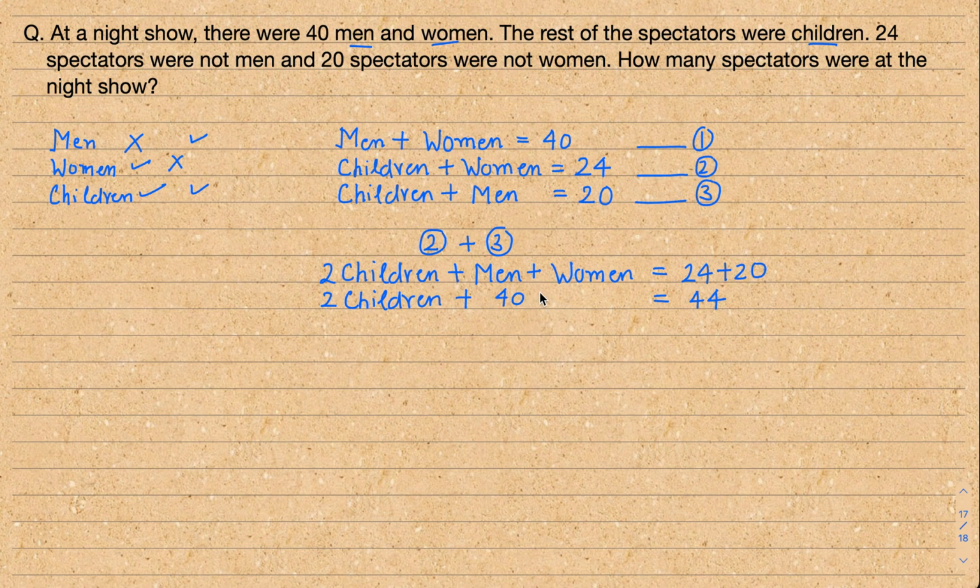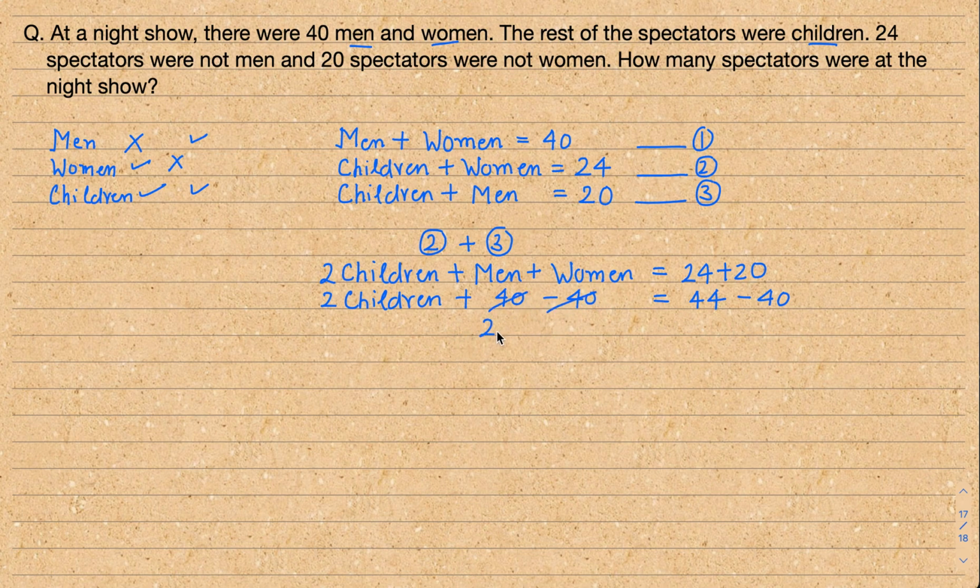Now how do we get rid of this 40? Because we need to know how many children there are. Since it is plus 40 on the right hand side, the best way to get rid of it is to subtract 40 on both sides. So this minus 40 will cancel this plus 40.